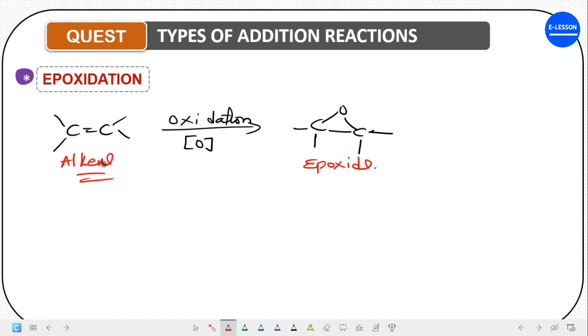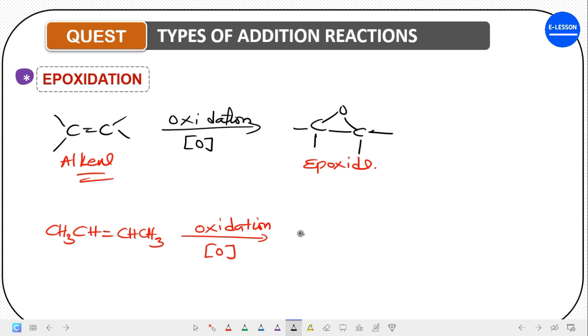Okay, so for instance, if you have a reaction like this, and then you have, let's say, this CH double bond CH CH3, oxidation, and then you have oxygen. What do you think will be the product of this reaction?